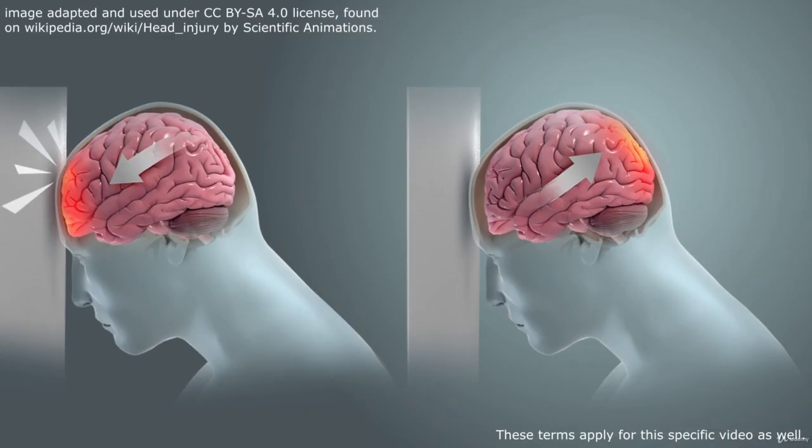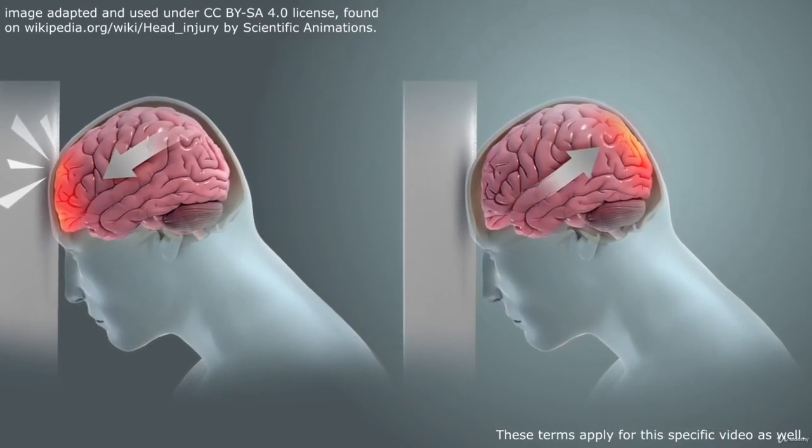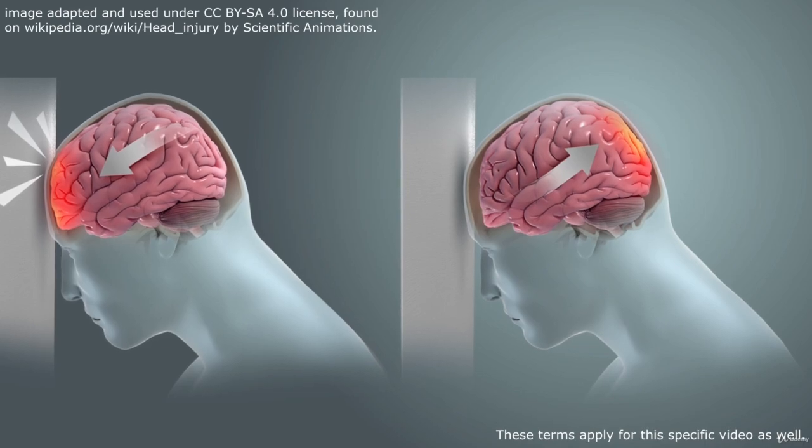Even if I move my head really strongly to the sides, my brain will not really touch the skull. It will not hit the side of the skull unless I get hit in the head really, really strongly, and then my brain can touch the side of the skull because of the force of the impact.